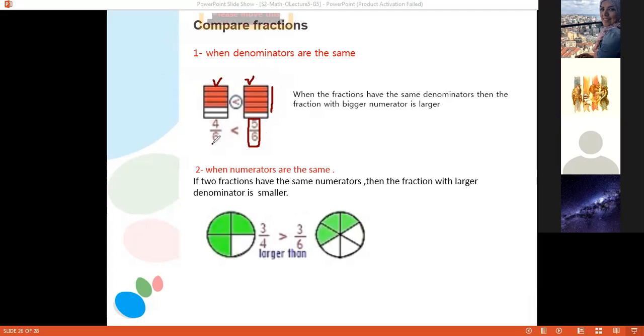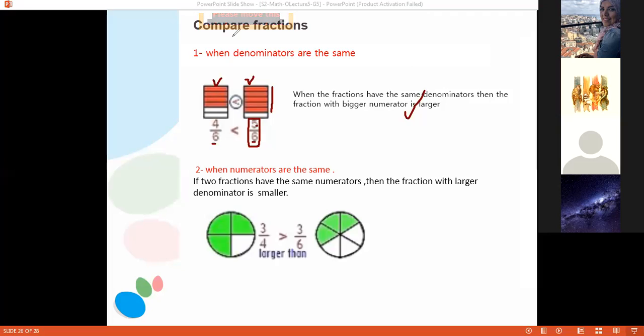So when I have the same denominator, the bigger the numerator, the bigger the fraction. Say it, please.